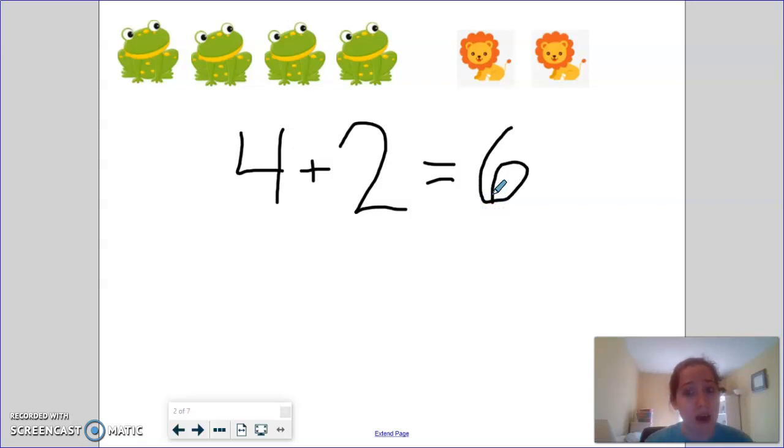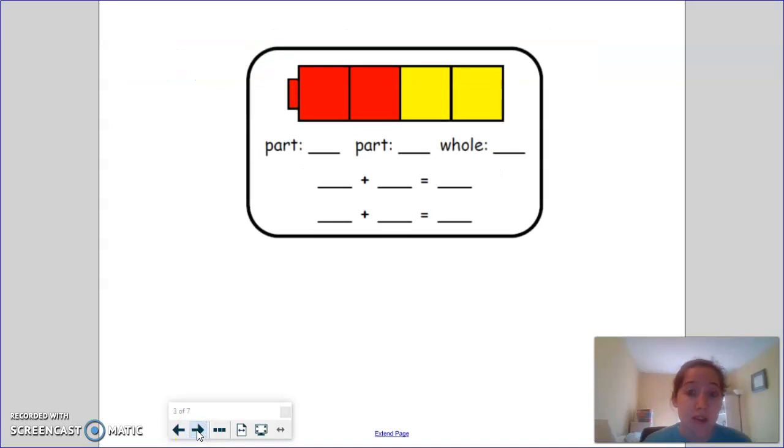So let's try that with a different kind of picture. They want us to use these cubes to make part, whole. Just like we did with the pictures, we're going to look at the first color or the first picture first. We have how many red cubes? 1, 2. So the first part has 2 red cubes.